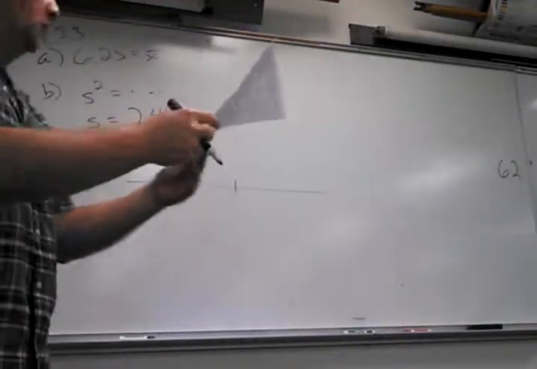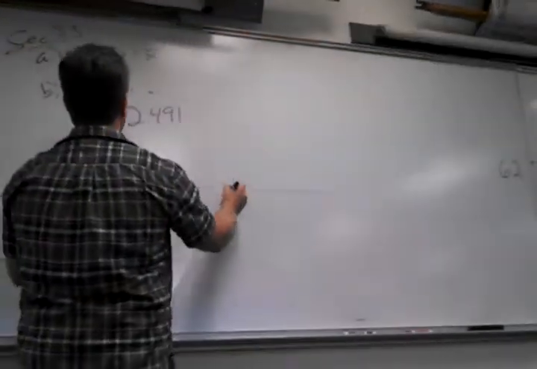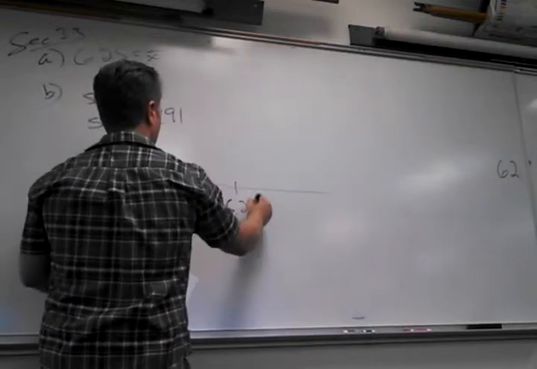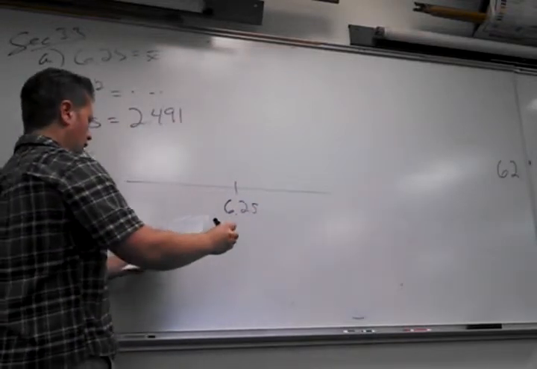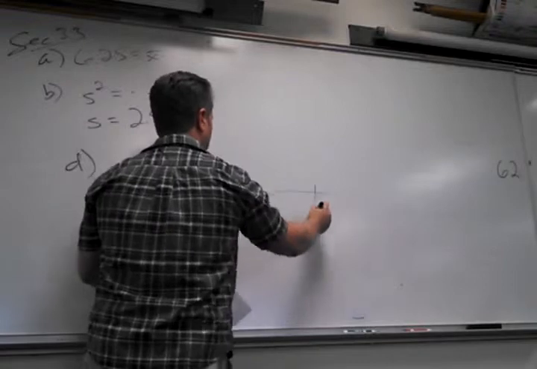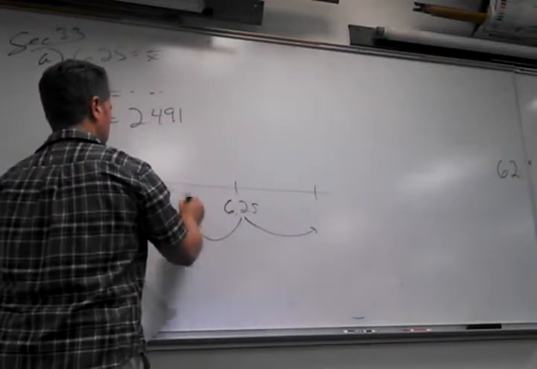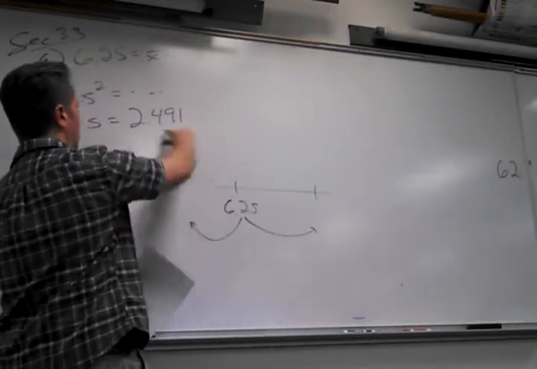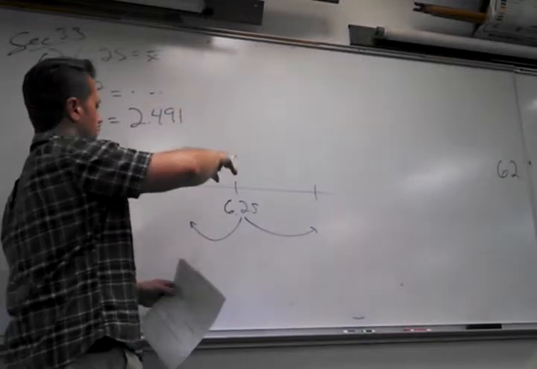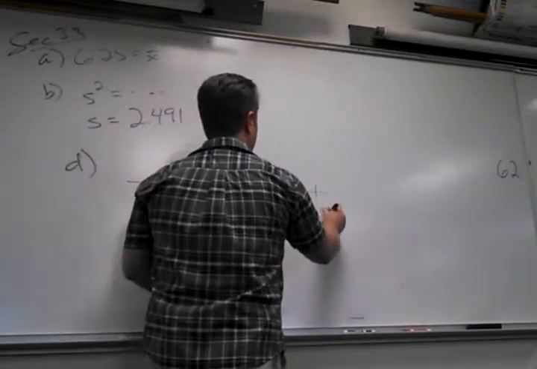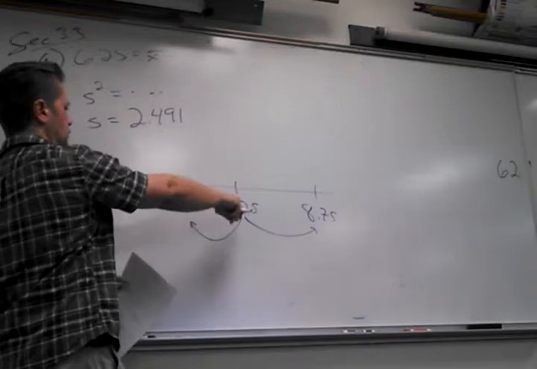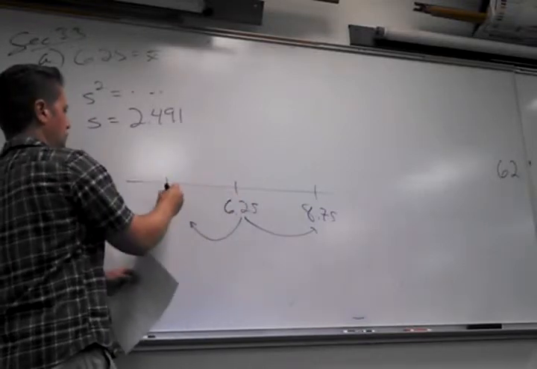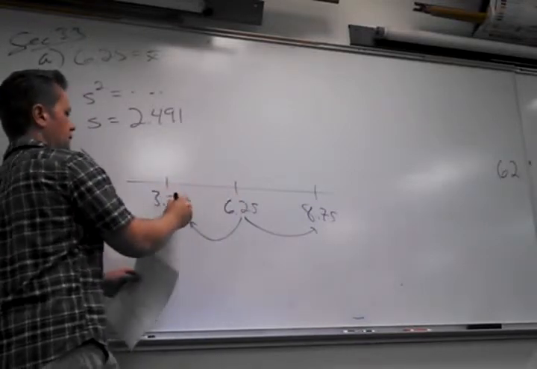So part D says, put the mean found in the middle of the line, the 6.25. If I go up one standard deviation, where do I end up? So 6.25 plus 2.5 roughly is like 8.75 almost. And minus 2.5, 3.75.